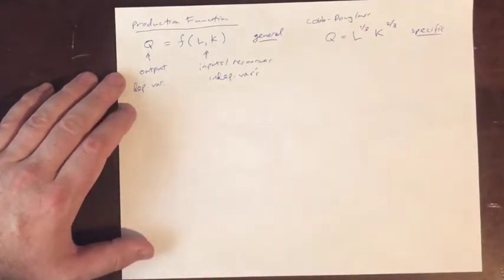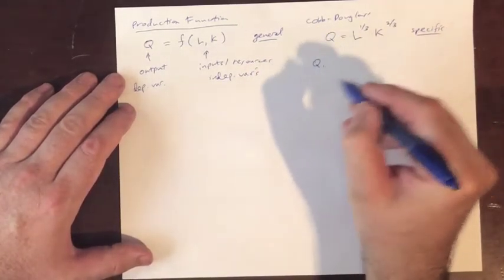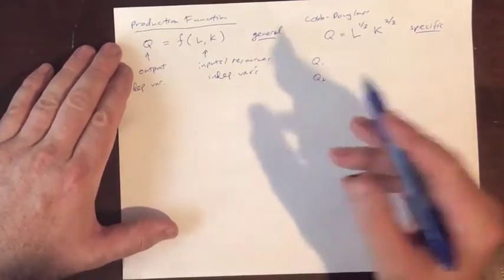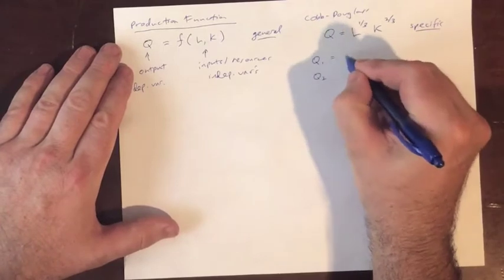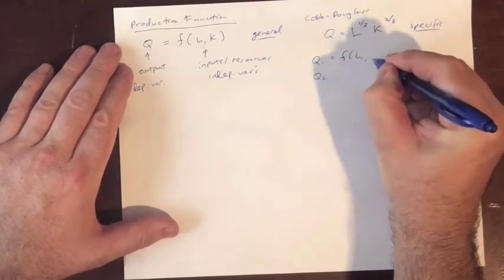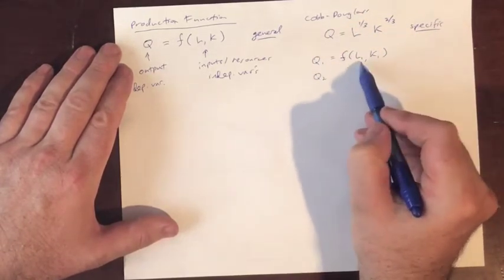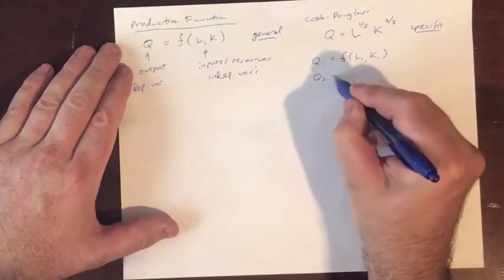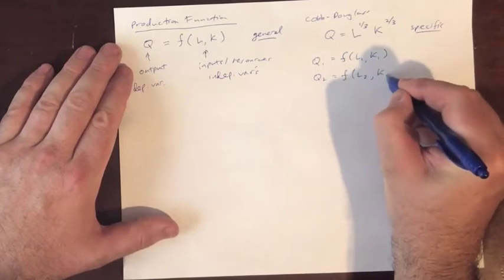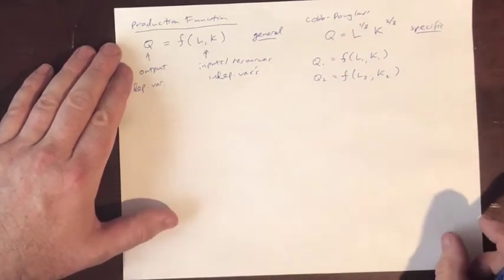In our example, we've got two different goods, good 1 and good 2, and we could imagine that each one has a different production function. There's a function which depends on how much labor and capital is put into the production of good 1, L1 and K1, versus Q2, which is a function of how much labor and capital is placed into that kind of production, that industry.